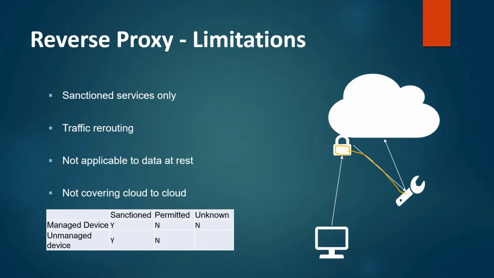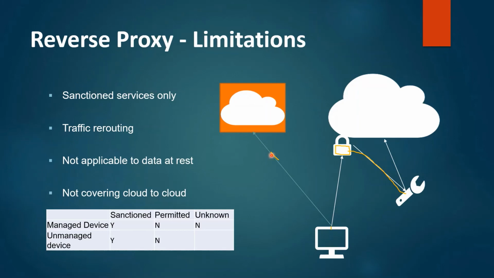But if you are using even a managed device and you want to access an unmanaged service, or permitted or unknown, you will not be able to do that because there's no authentication happening here. So the traffic will not be routed to the desired CASB control point. That's a limitation of reverse proxy.